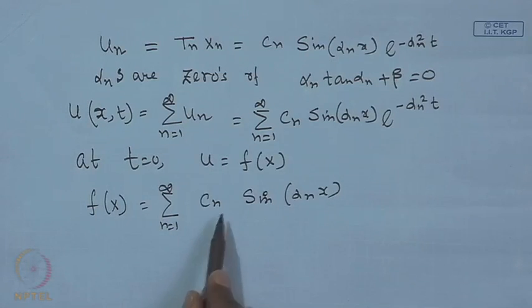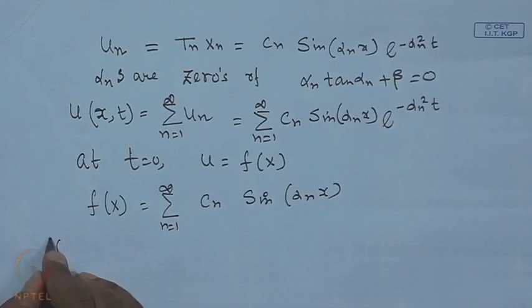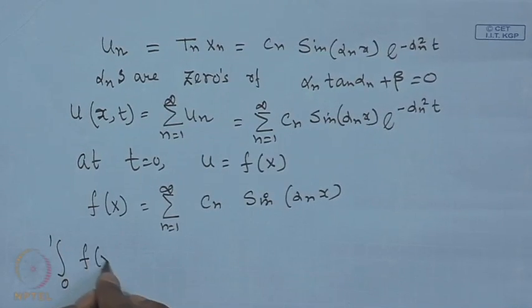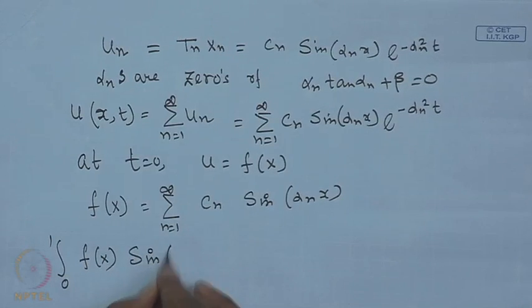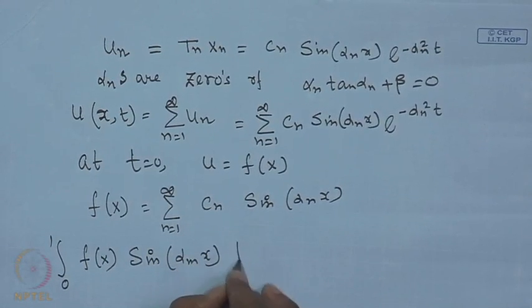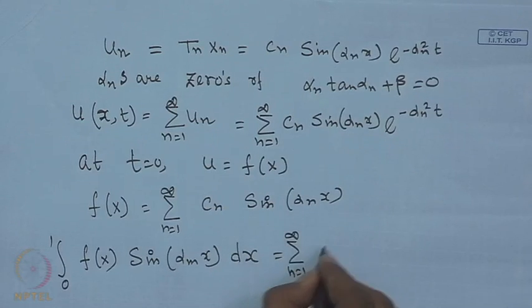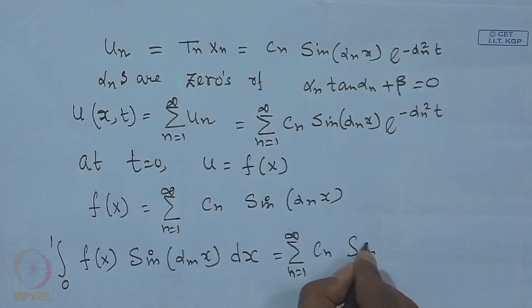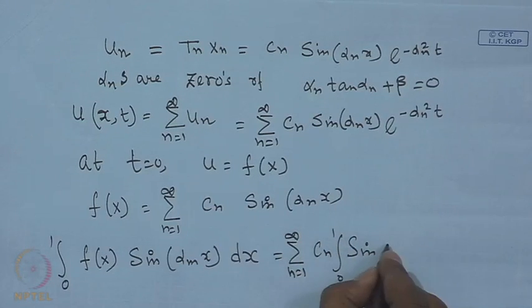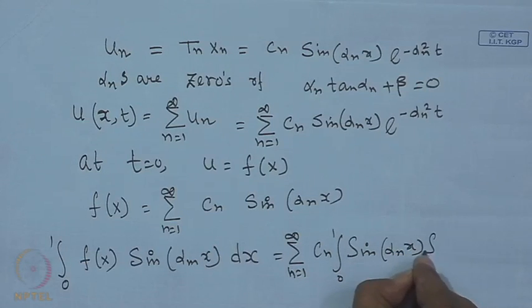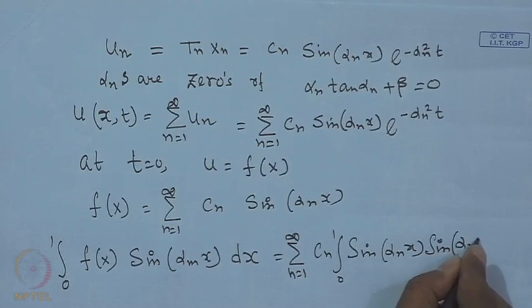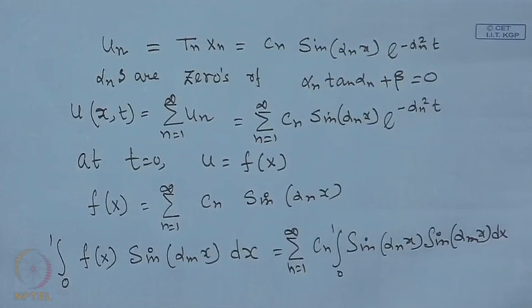We have already seen earlier that the eigen functions are orthogonal to each other. So, to evaluate C n and to break open this summation, we multiply both sides by sin alpha m x dx and integrate over the domain of x, that is from 0 to 1. Integral of f of x sin alpha m x dx is the integral of summation n is equal to 1 to infinity C n sin alpha n x sin alpha m x dx.